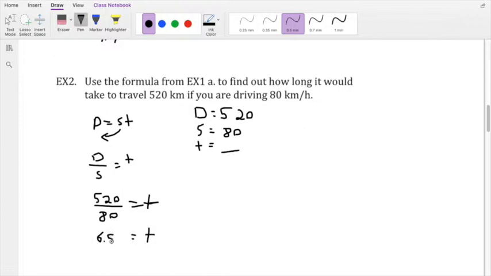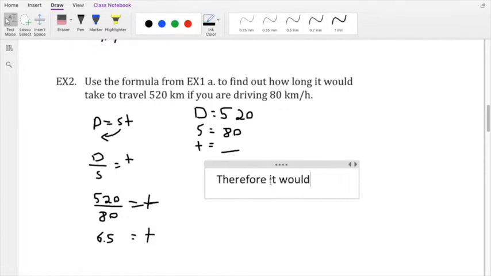Then, to get my full marks, I could write a little therefore statement. Therefore, it would take 6.5 hours to drive 520 kilometers.